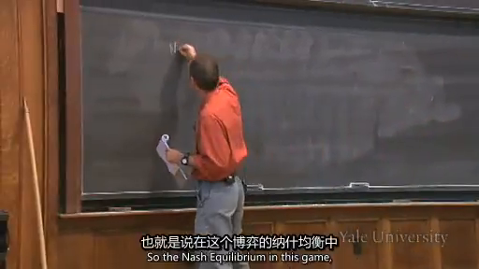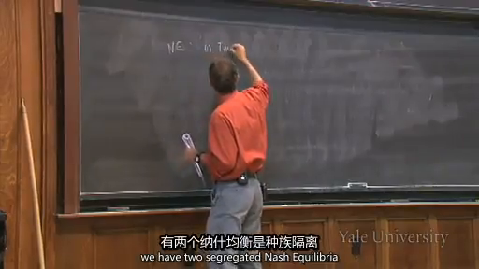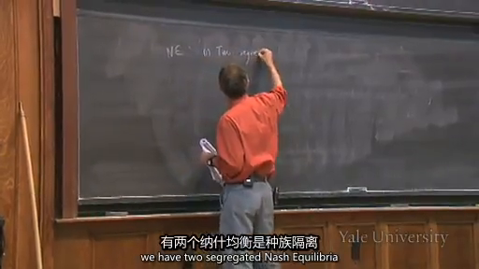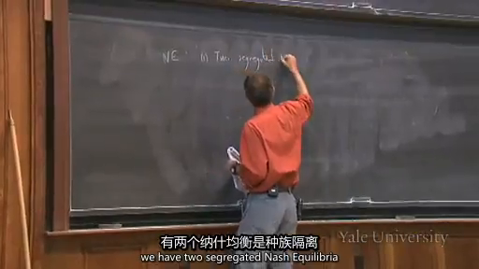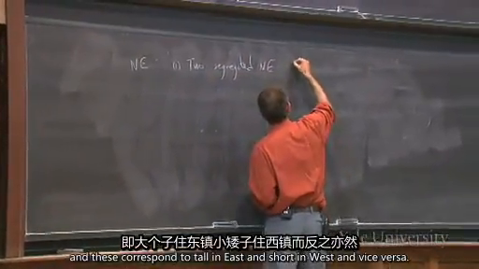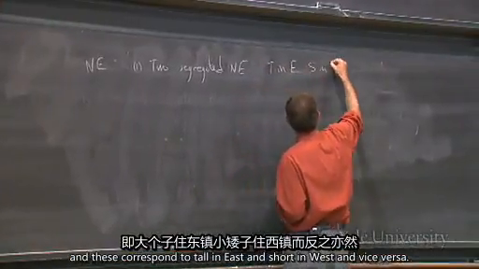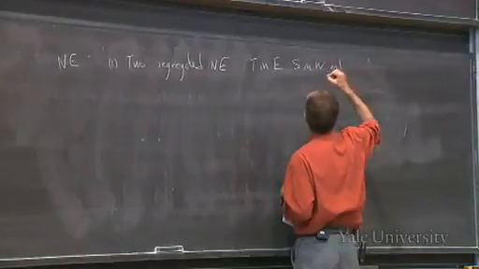So the Nash equilibria in this game, we have 2 segregated Nash equilibria. And these correspond to tall in East and short in West and vice versa.